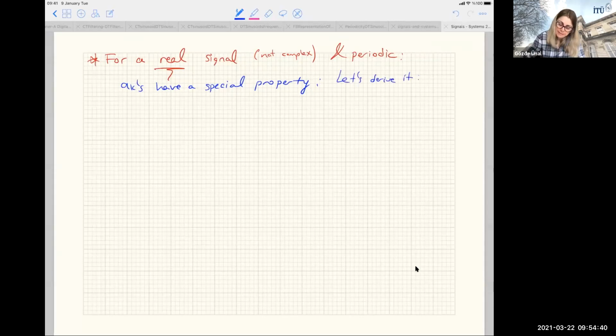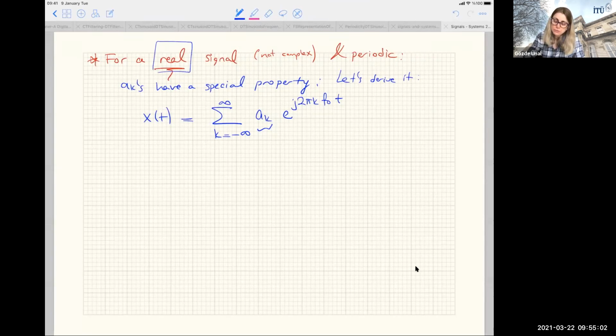Let's start with the x of t representation again, as we did earlier. Remember, this is the sum from k equals minus infinity to infinity of a_k e to the j 2 pi k f0 t, the Fourier series coefficients times the Fourier series basis. Now, for a real signal, I know its complex conjugate is itself. So take the complex conjugate on both sides of this equation.